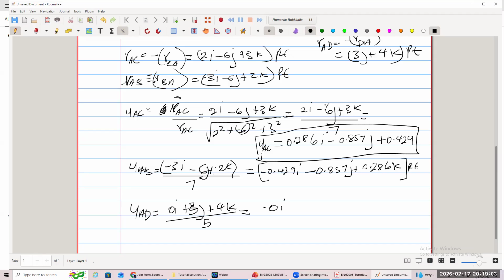Oh, hold on. For AD, they're supposed to be minus, not plus. They're supposed to reverse. I didn't reverse these. These are all minus. So you're supposed to get minus 0.6 J minus 0.8.